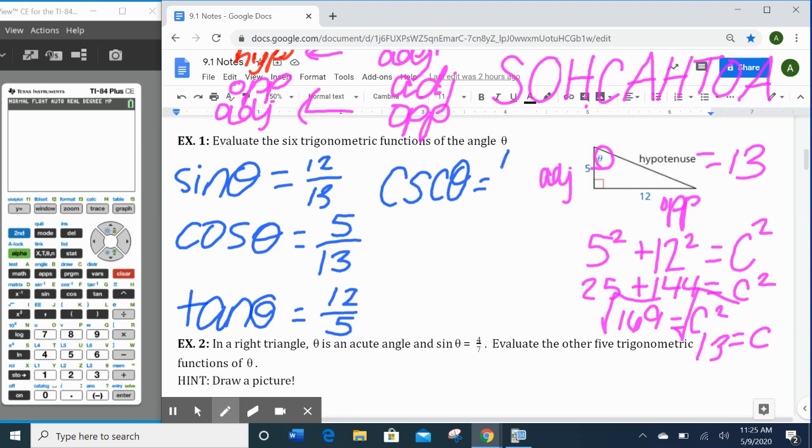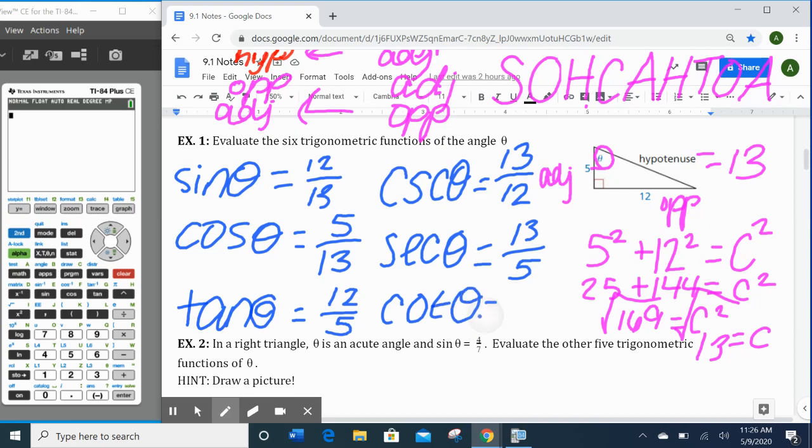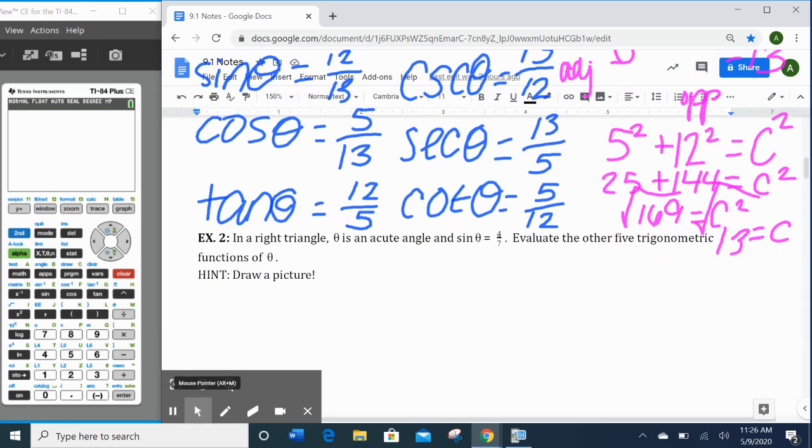So if I know that the sine is 12 over 13, I know that the cosecant is 13 over 12. And the secant is hypotenuse over adjacent, but it's also the reciprocal of cosine. So the reciprocal of 5 over 13 is 13 over 5. And then the cotangent of theta is the reciprocal of the tangent, or adjacent over opposite, which is 5 over 12. So finding the 6 trig functions is what I just did.